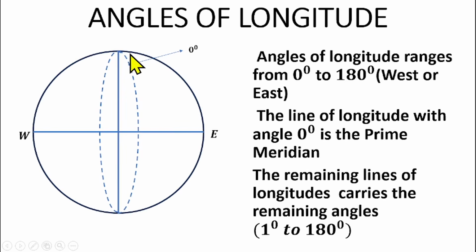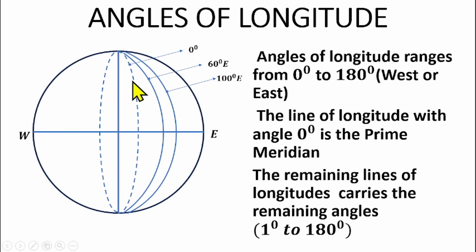If I draw another line to the east here, that will carry another angle, and that should be 60 degrees east. I can draw another line of longitude and label it 100 degrees east, and another one labeled 157 degrees east, and so on until you get to 180 degrees east.